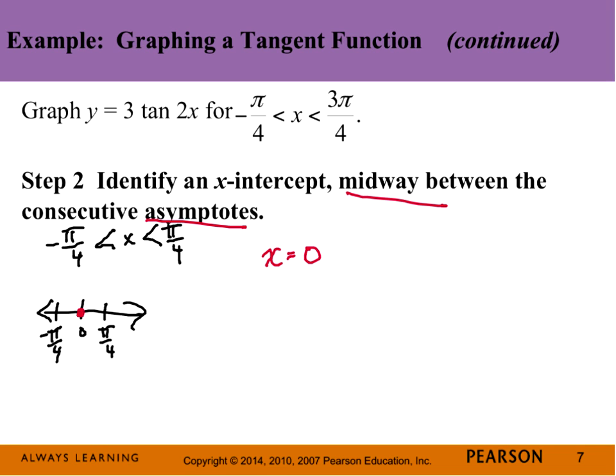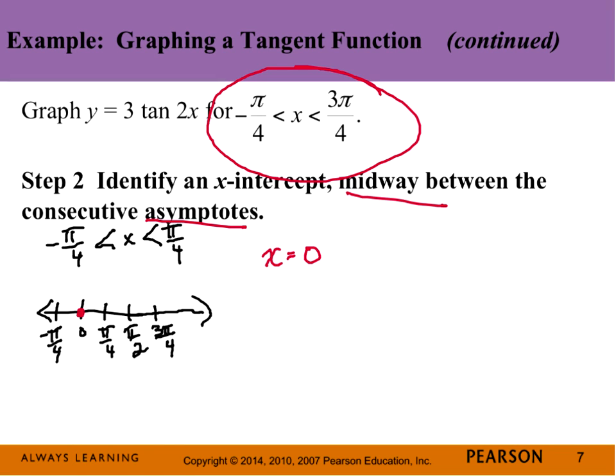And because we wanted to add another period onto our domain here, let me continue this out a little bit here. We wanted to go all the way up to 3 pi over 4. So just to be clear, I have 0, this is pi over 2. That would make this 3 pi over 4.